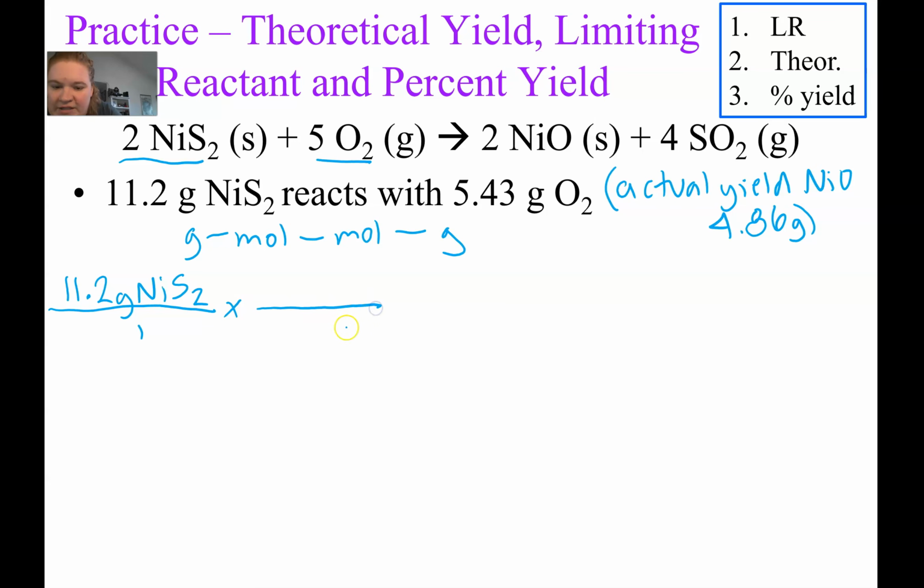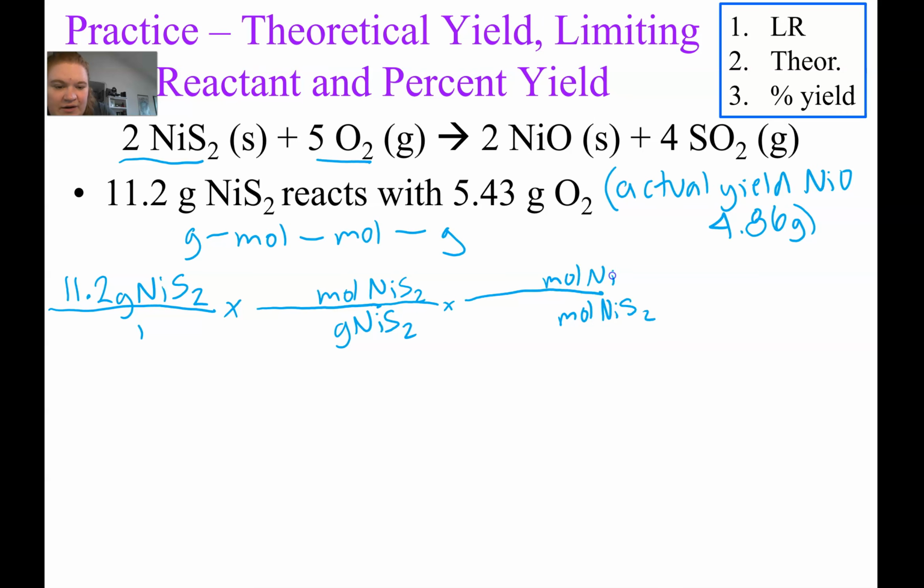I need to convert that into moles. So my conversion factor here is going to be that molar mass. And then I need to convert it over to moles of nickel oxide. Oh, but look what I did. I have my wrong unit on the bottom there. I jumped the gun. Moles of nickel sulfide on the bottom so that they cancel out.